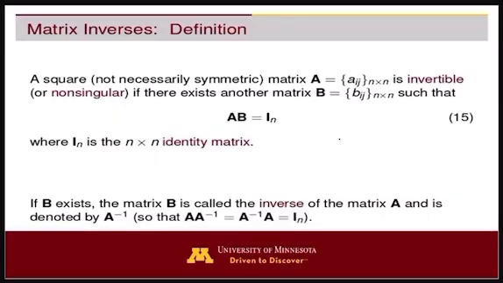Then I'm going to say if B exists, take a look at this: if I multiply A by its inverse, I'm expecting identity. So this is the B they're talking about, which gives identity. The moment I have this, then this is the inverse of A. That's what we mean.